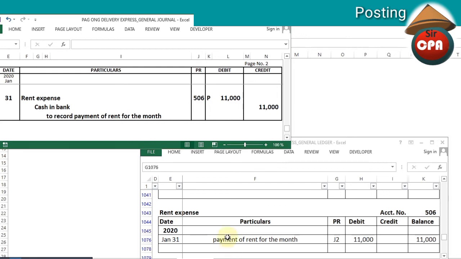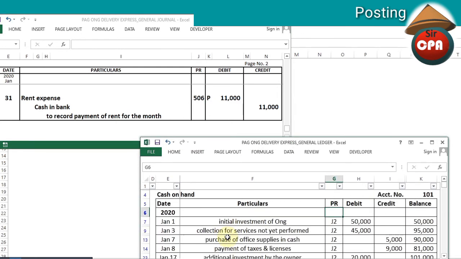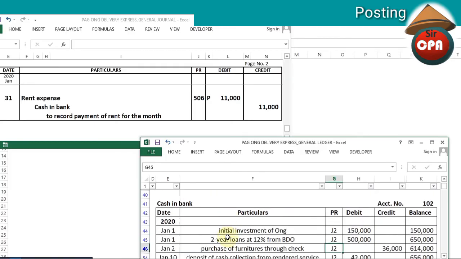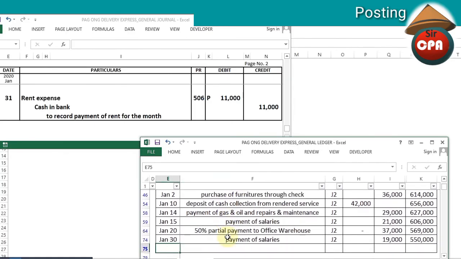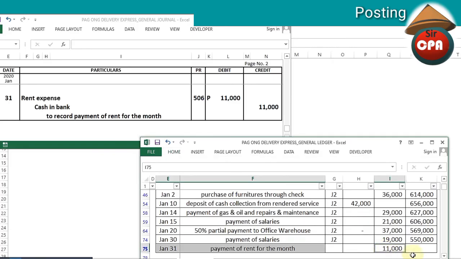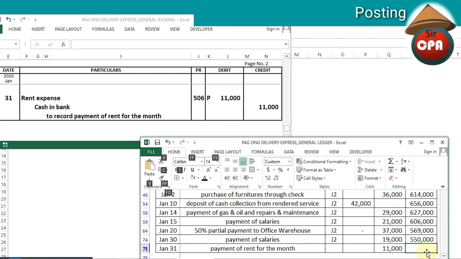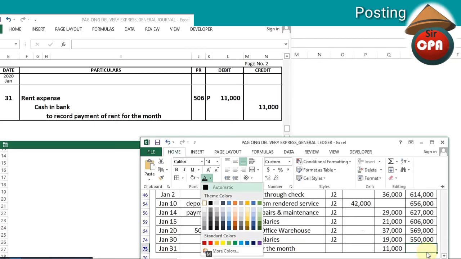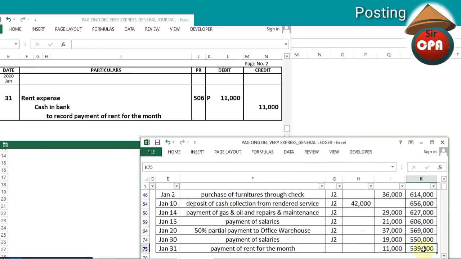So next, let's go to the cash in bank ledger. We write again the date, particulars, and amount, which is 11,000 under the credit column, because it is also in the credit column per our journal. Then, let's compute the balance. We have 550,000 before this. And this time, it is credited. So, that means it is a deduction. It is reduced by 11,000.